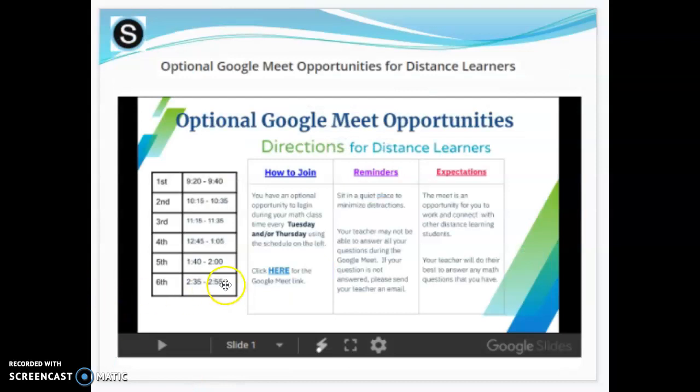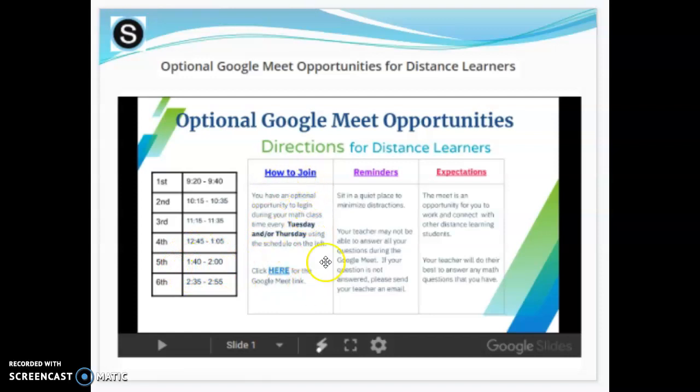Now underneath the agenda, you're going to see a link that says optional Google Meet opportunities for distance learners. This would be for students that are 100% distance learners. You're going to see that I have this broken up into 1st, 2nd, 3rd, 4th, 5th, and 6th hour. Now depending on when you have class, like if you have math class during 5th hour, this would be when you can log on.